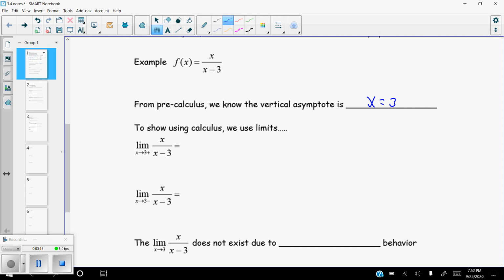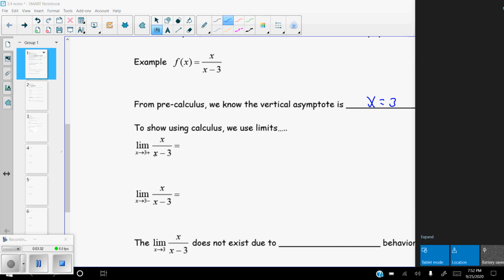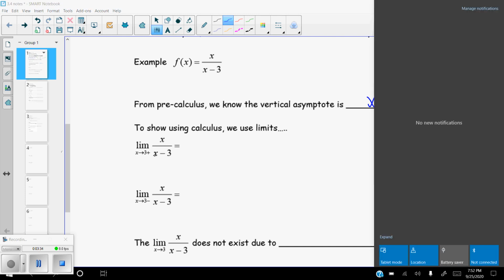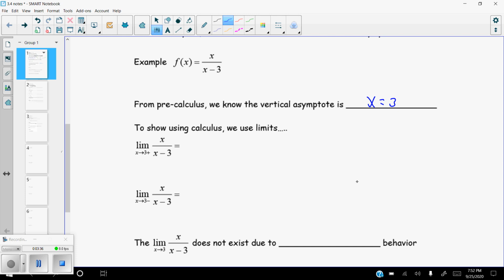Here's the thing. I don't want to have to worry about what all those values are going to be. All I really want to know is, we know from pre-calculus this is going to be a vertical asymptote. As an x value approaches a vertical asymptote, it really only has one of two choices. It's either going to go up to infinity or down to negative infinity, because it can't go through the vertical asymptote. So all we're going to do is analyze the signs.